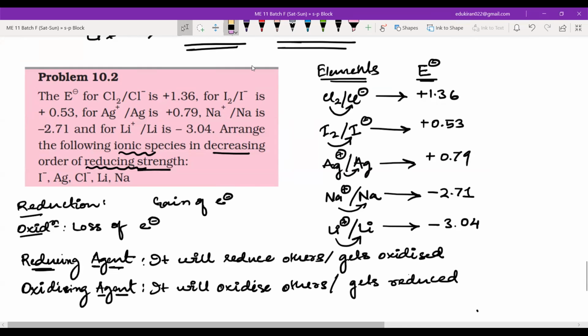If I talk about this, can you tell me which of the following has more reducing power? They are getting reduced now.